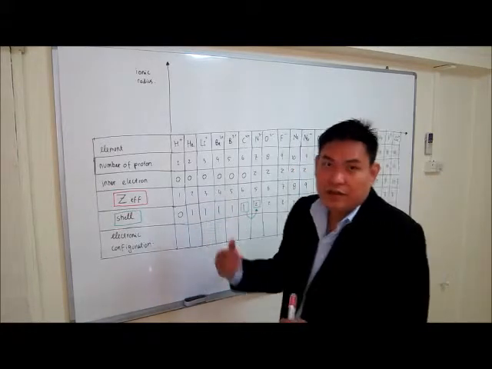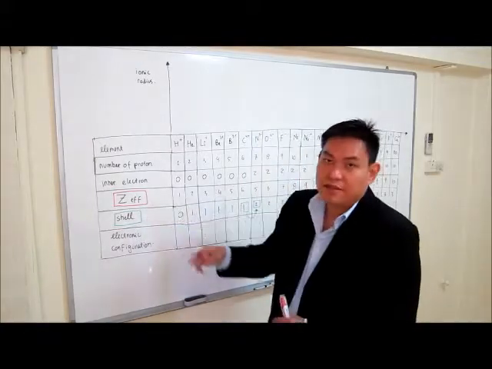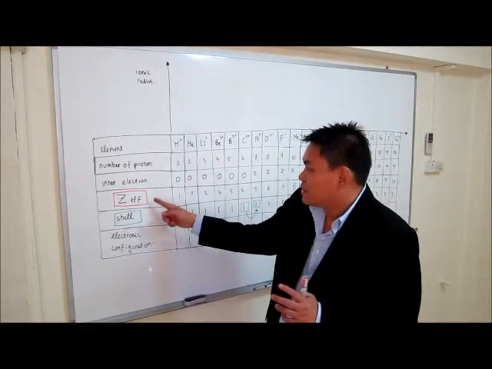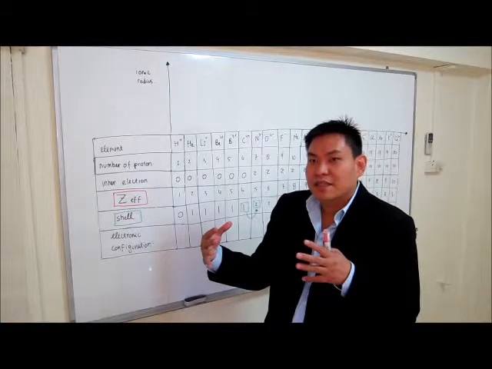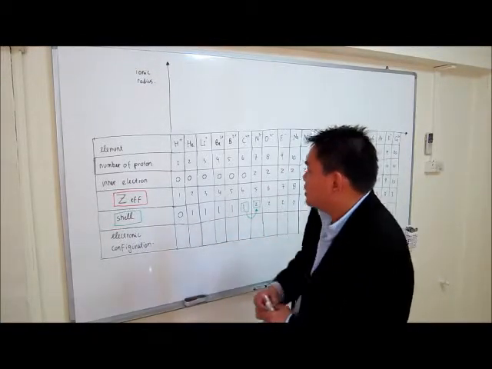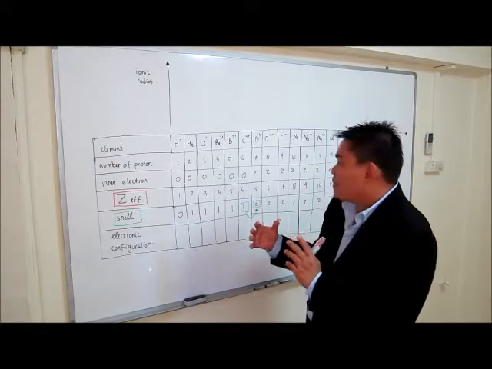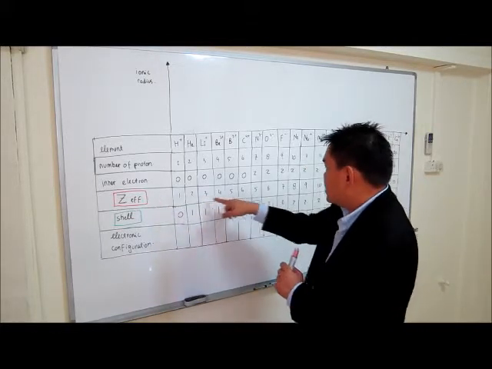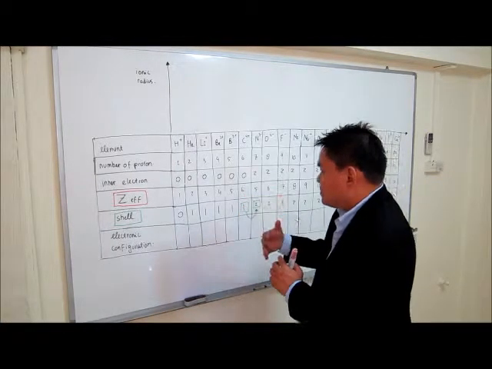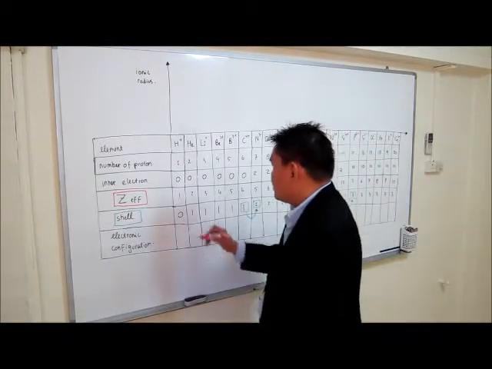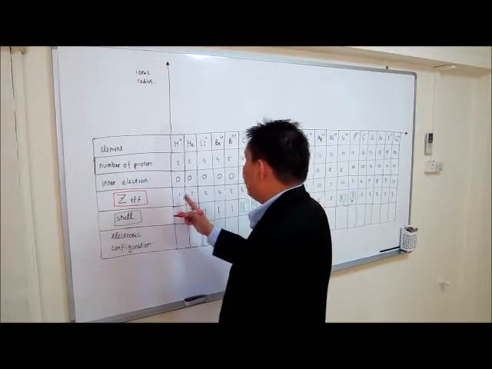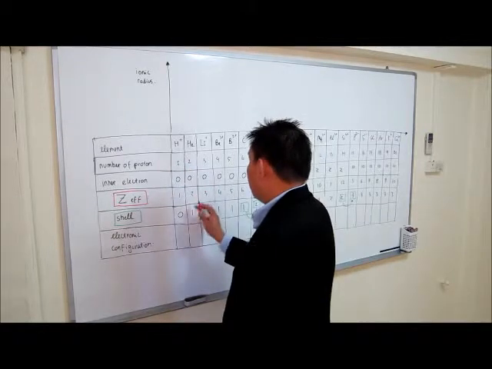How about the effective nuclear charge? This will also affect the ionic radius. The higher the effective nuclear charge, the more strongly attracted the electrons are to the nucleus. So it tends to be, the higher the effective nuclear charge, the smaller in size. So we are going to skip H plus.